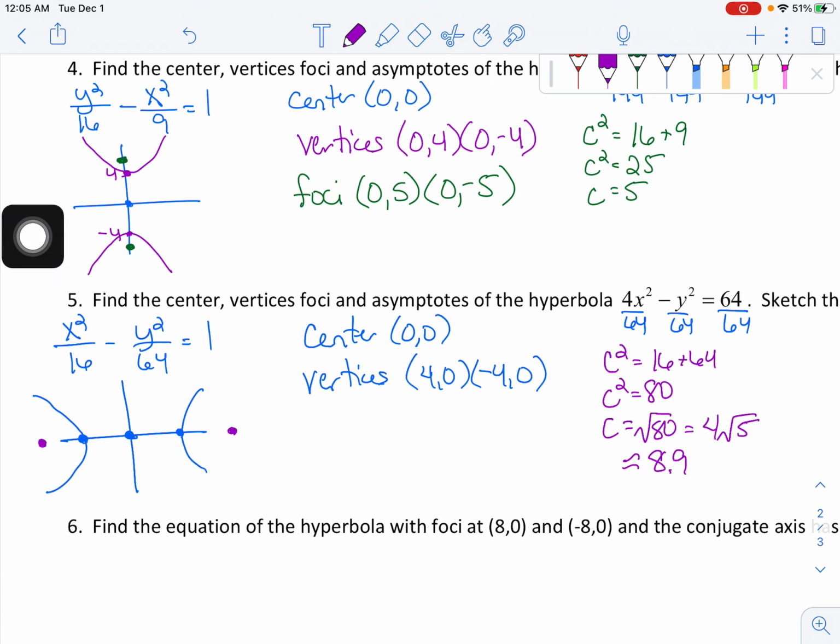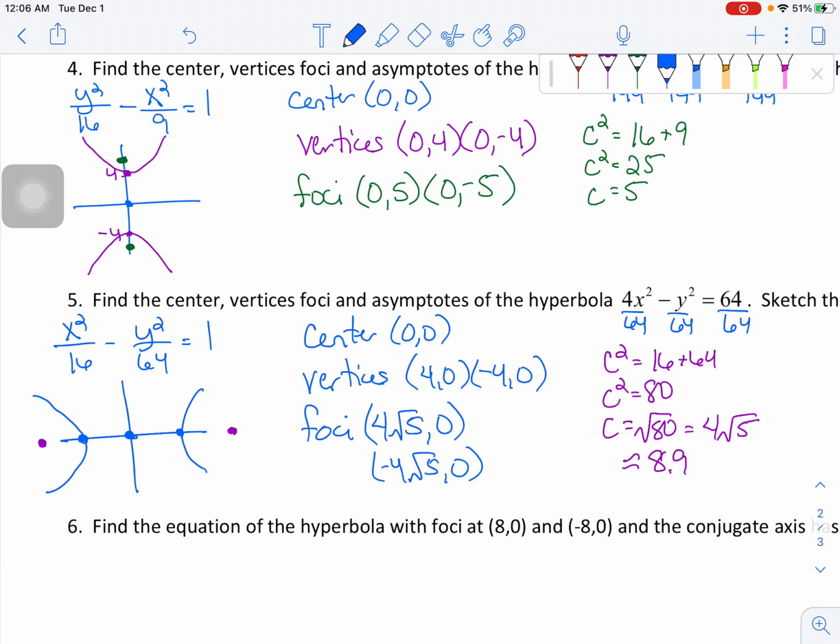I would definitely argue if you somehow told me your foci are sitting, I'll put a little blue X mark spot, if you think your foci are sitting here, then that's a bigger issue because that's not at all correct. But if you're doing a sketch like this, your foci are fine. So what are the two foci? That's going to be 4 root 5 and negative 4 root 5.